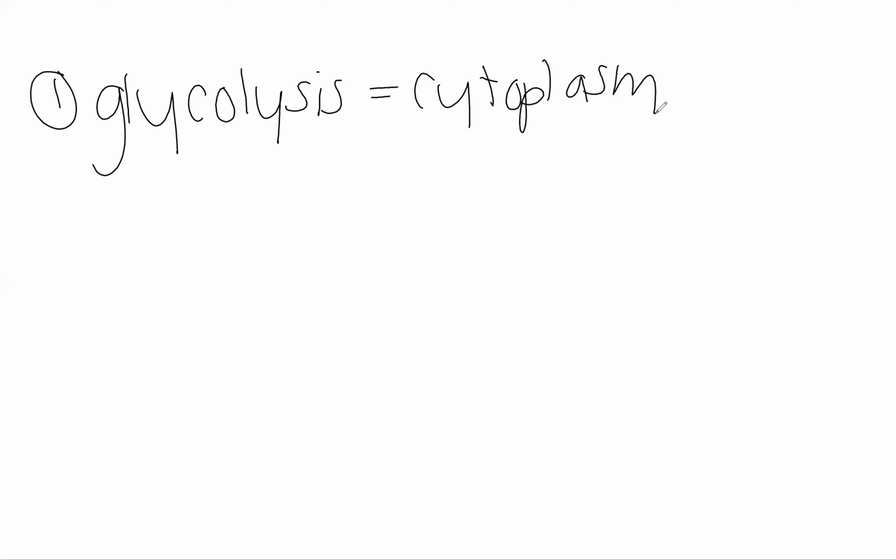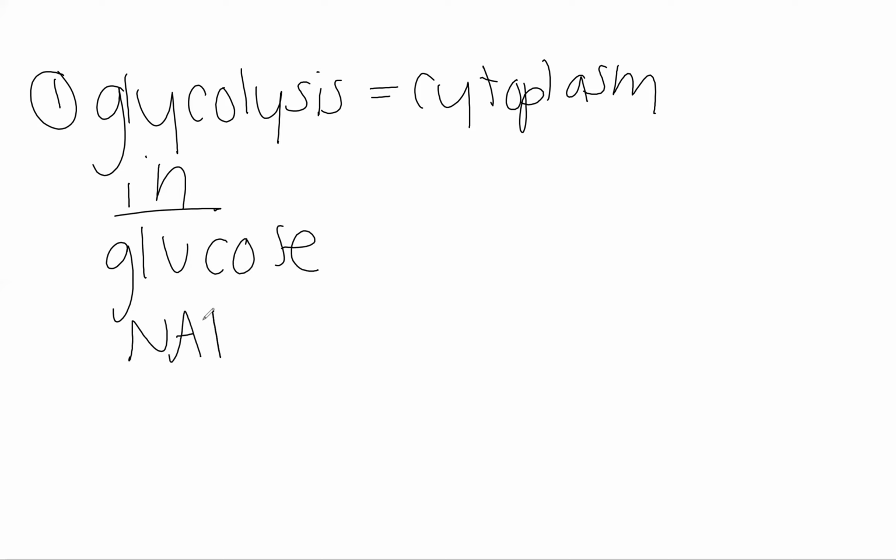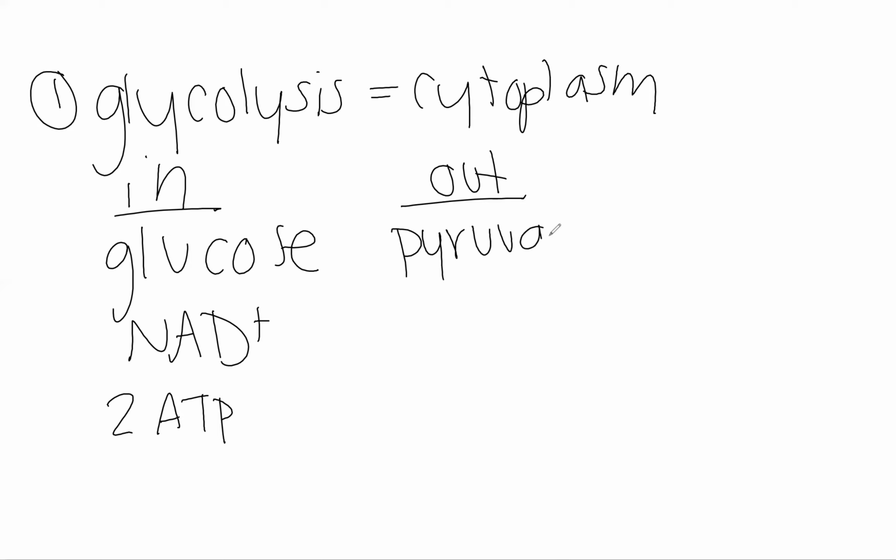Okay, so in glycolysis, going in, we're going to have glucose. We're going to have our electron carrier, NAD+, and then we also have to add in 2 ATP. Okay, coming out, we're going to have pyruvate, and pyruvate is going to go to the next step.